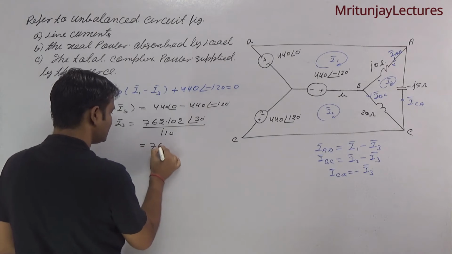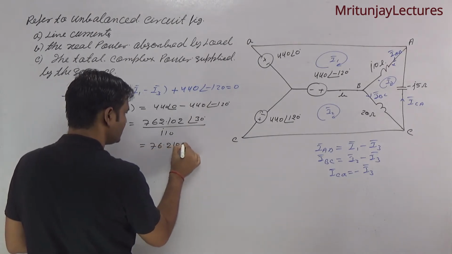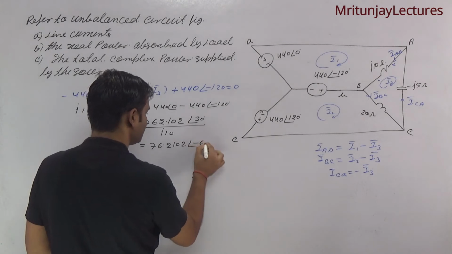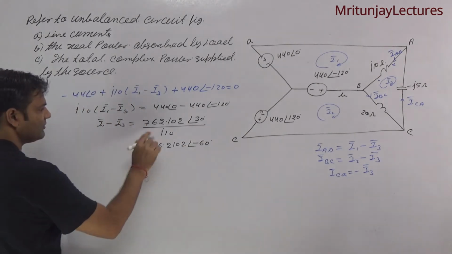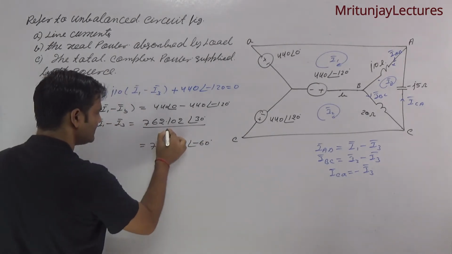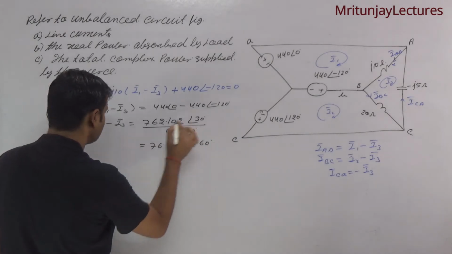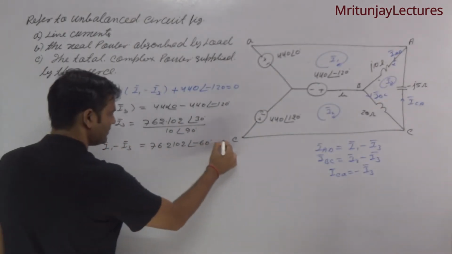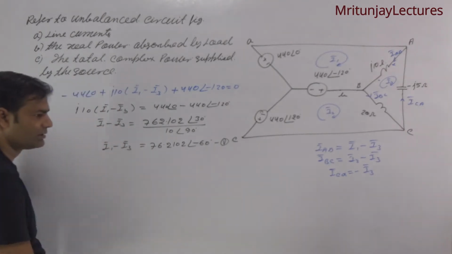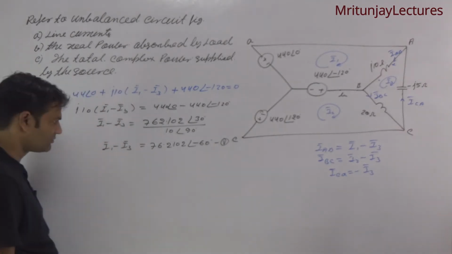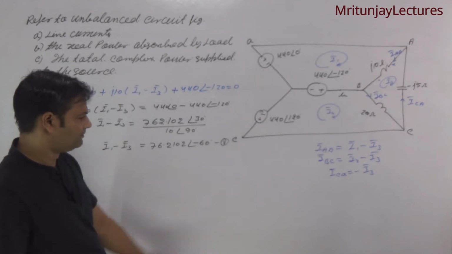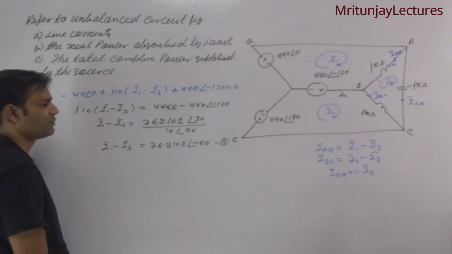So that is 76.2102 at the angle 30 degrees minus 90, since J10 is written as 10 at the angle 90 degrees. So I1 minus I3 is 76.2102 at the angle minus 60. This is equation number 1.